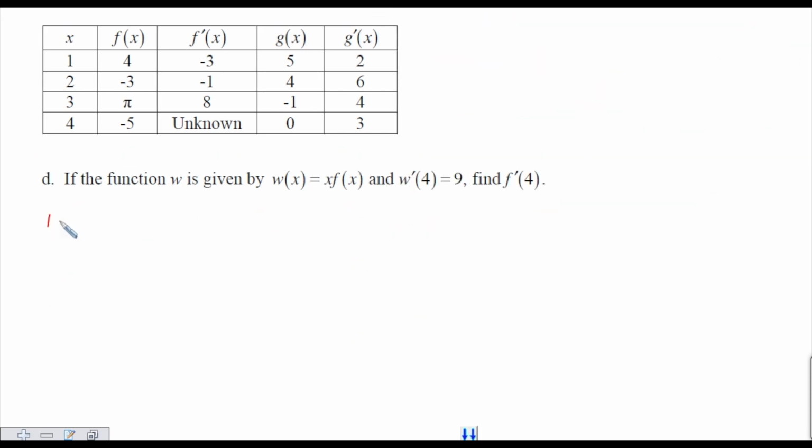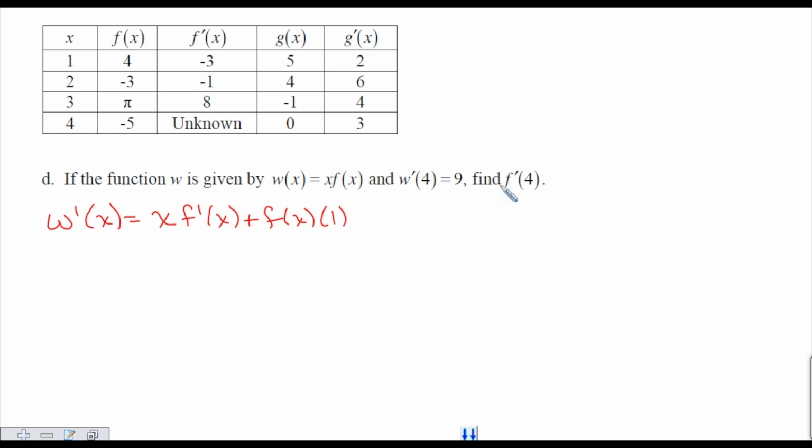So here we go. Let's do w prime at x. And these two things are being multiplied together, so we have to use the product rule. And so that's 1 d2 plus 2 d1. And I just put that 1 there for emphasis to let you see that I did actually do the product.